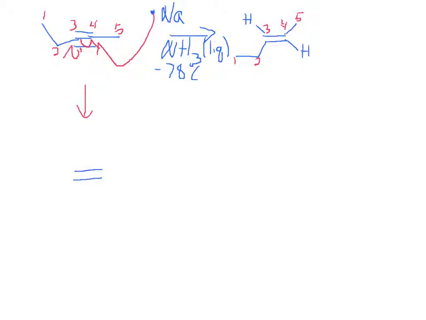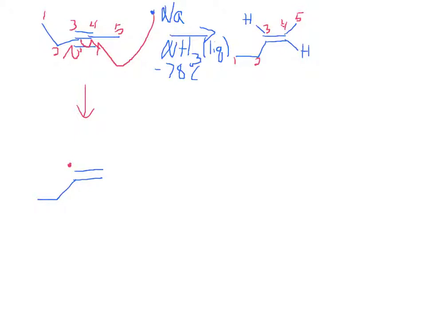What's happening with those first 2 arrows I drew? The pi bond has 2 electrons. One electron goes to carbon 3, the other goes to carbon 4, and then sodium comes in and gives another electron to carbon 4. They're half arrows, fishhook arrows. Now, do electrons want to be next to each other?